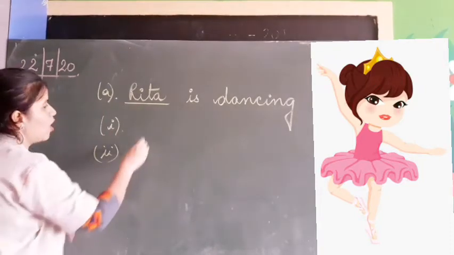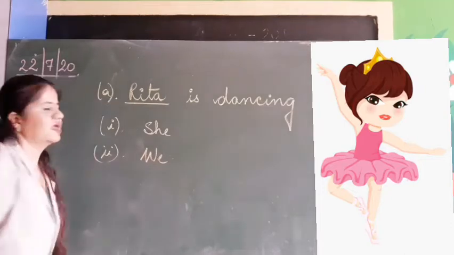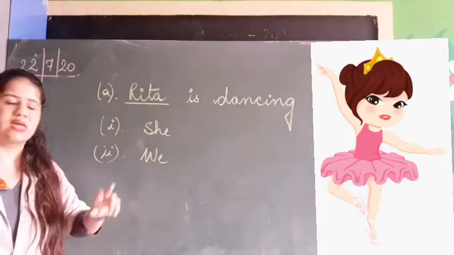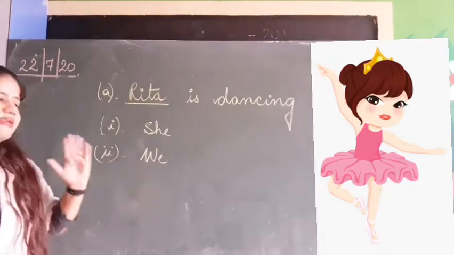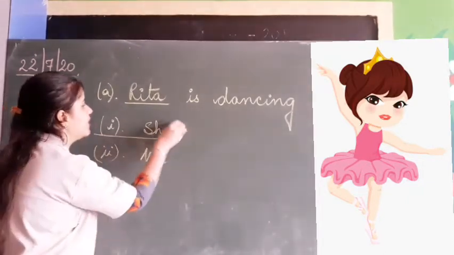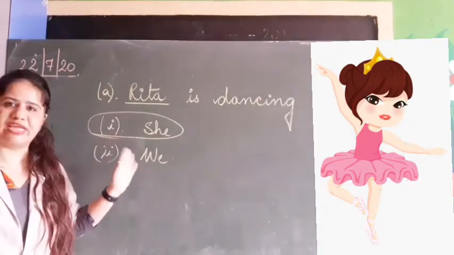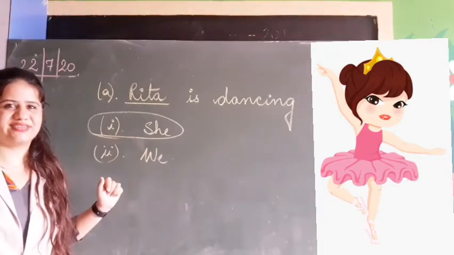So you are having two options, she and we. So which is the correct pronoun that will be used in place of Rita? Rita is a girl and it's very easy. She will be the correct option because for girls, females and women we use she.